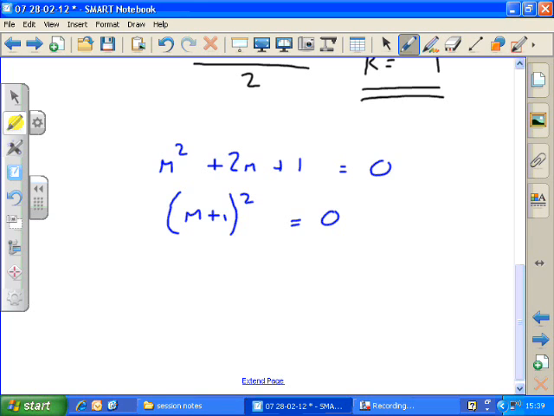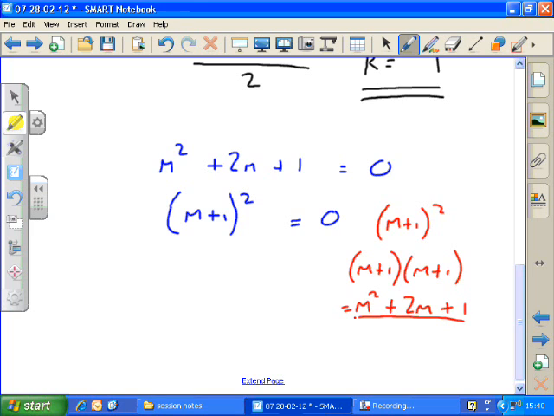Why is that? If we expand out m plus 1 squared, as an aside here, we get m plus 1 times m plus 1, which is m squared plus m plus another m is 2m plus 1. And if you look at that, you'll see that that is the same as that.